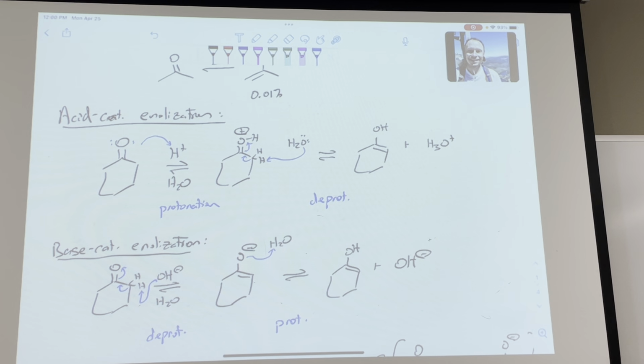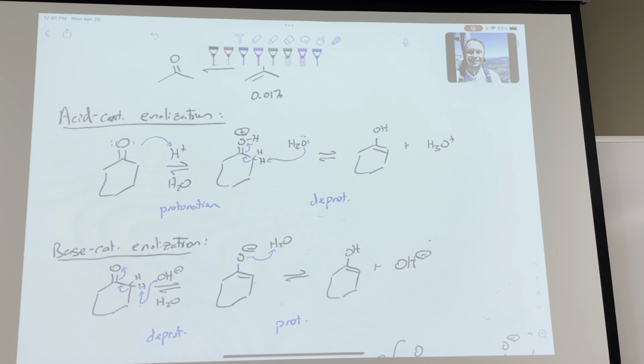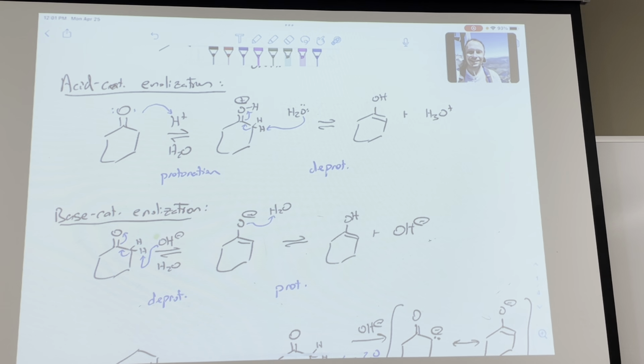So, with the acid catalyzed form, you protonate first, you make this good electrophile, and then water can come in and grab the alpha proton and push its electrons in to the carbonyl. Under the basic conditions, the base, because the alpha position is relatively acidic, the hydroxide can come in and grab that alpha proton directly, and electrons go into the carbonyl like that.